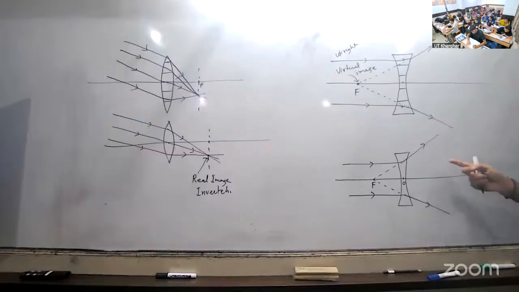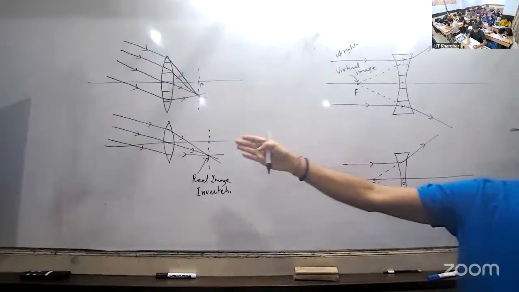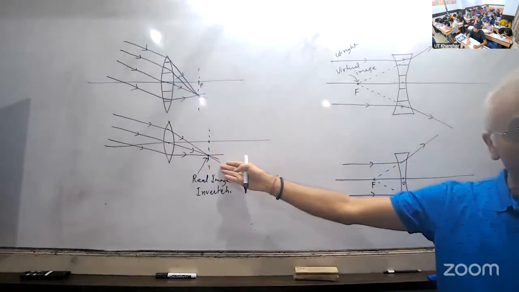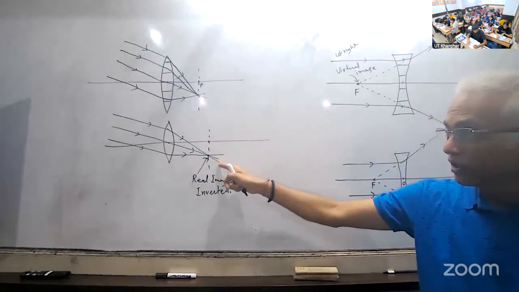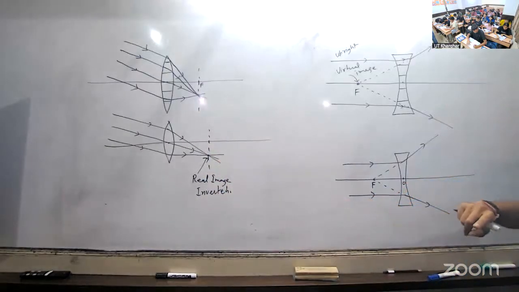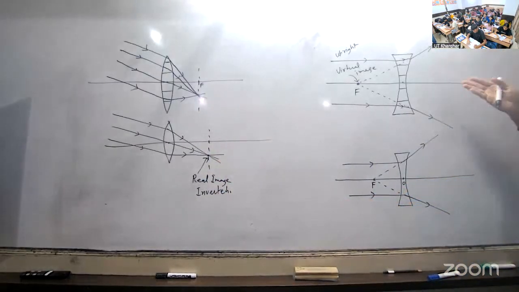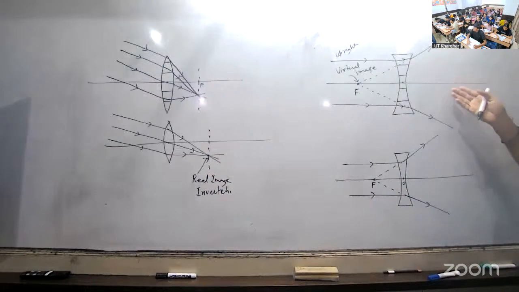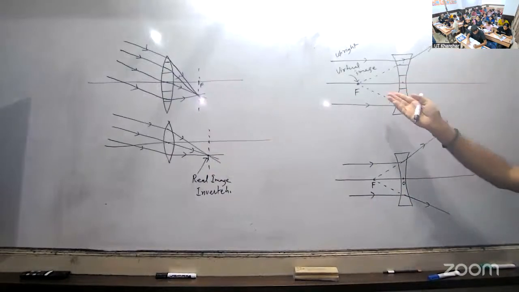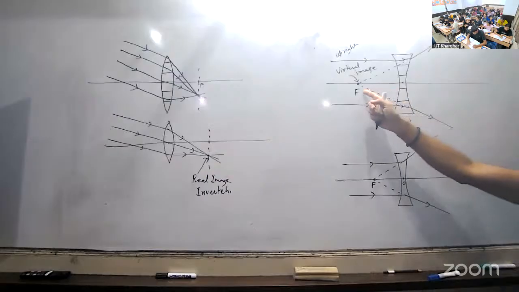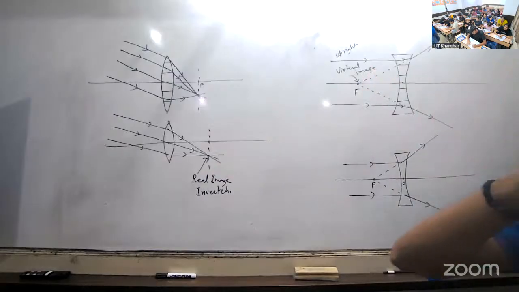How many rays will you consider for a ray diagram? At least two. You have one above, one below. At least two for image formation. And what is a real image? When the rays actually meet after refraction. So they are meeting after refraction, a real image is formed. And when after refraction the rays are diverging, wherever they meet on extending backwards, that is the place where the virtual image will be.